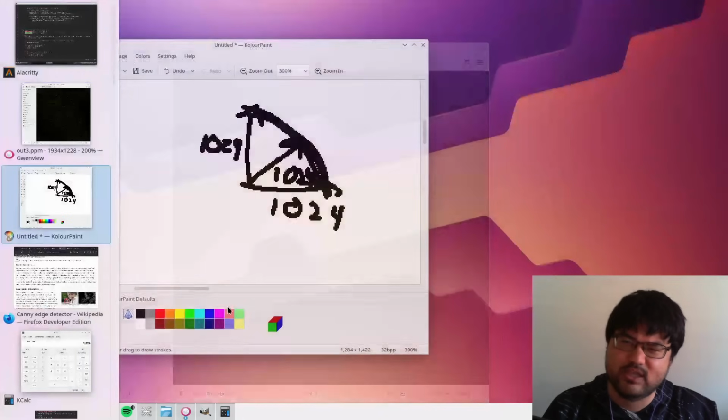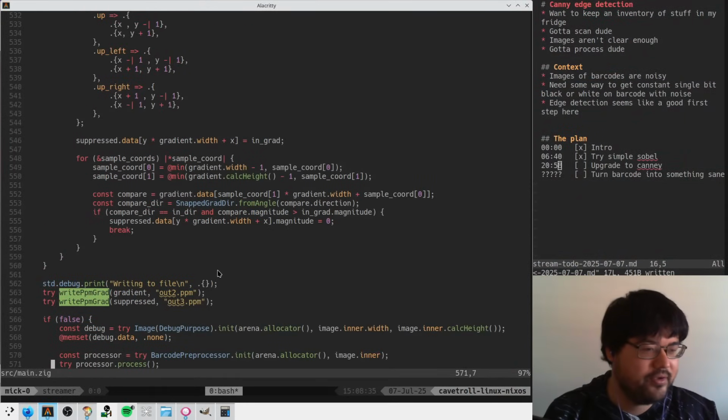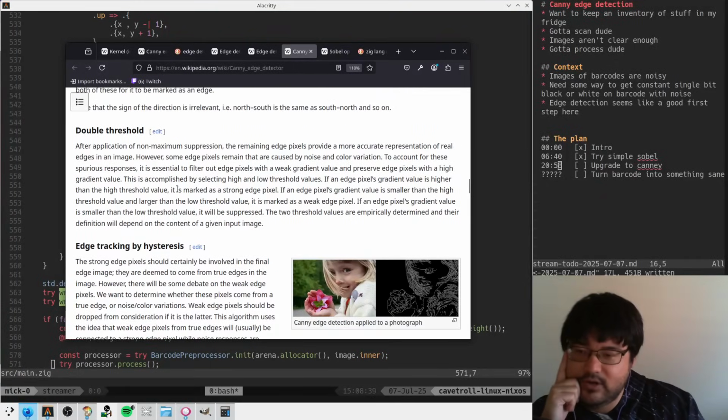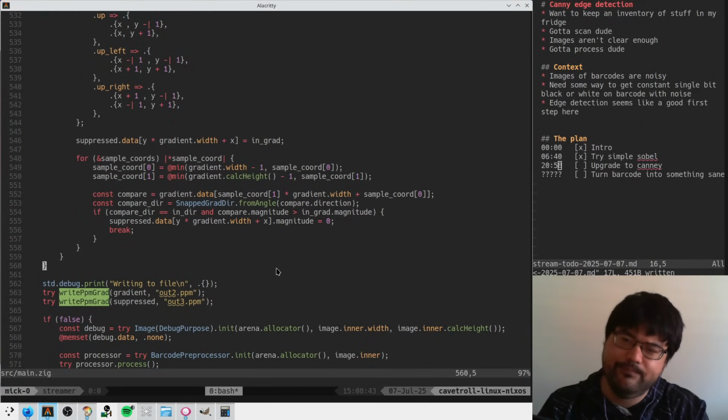Okay, so I think this is basically fine. Now we know this thing will always be between 0 and 1, so we can set thresholds, right?